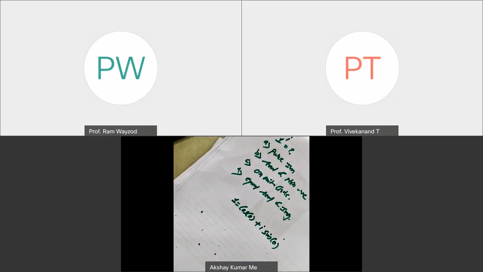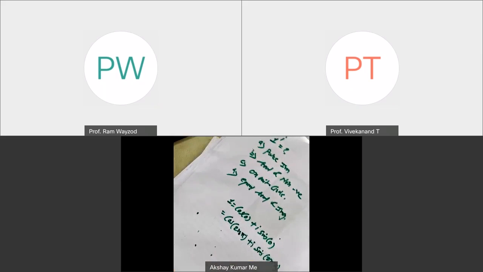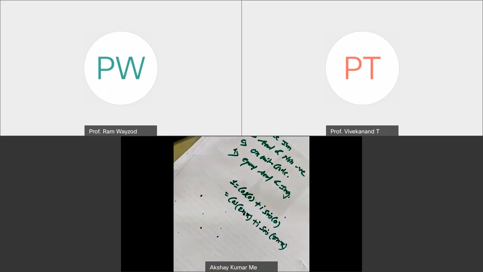So 1 is equal to cos 0 plus i sin 0. We know that the cos function is periodic with 2n pi, so we add 2n pi to the angle. If the angle is 0, then 0 plus 2n pi is 2n pi.